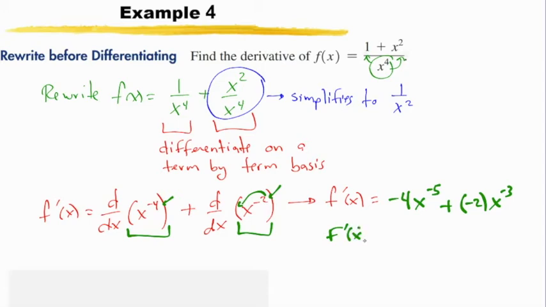And f prime of x is equal to negative 4 over x to the fifth, and the plus negative 2 becomes minus 2 over x to the third.